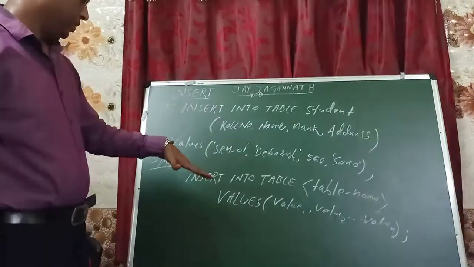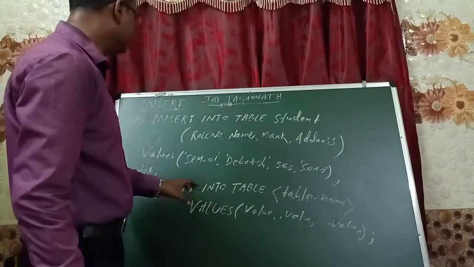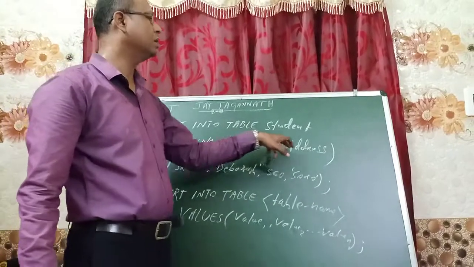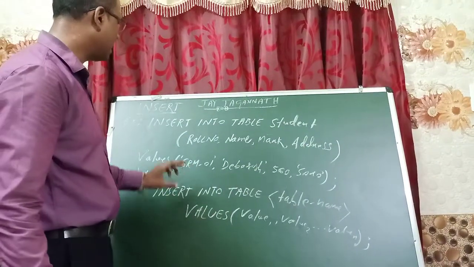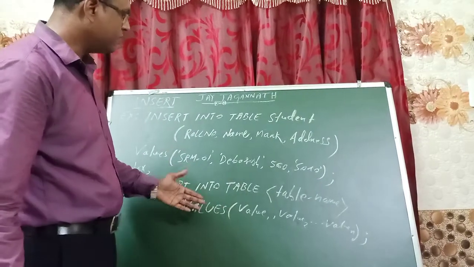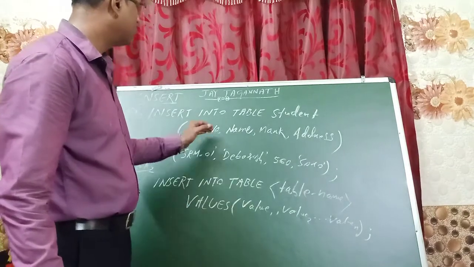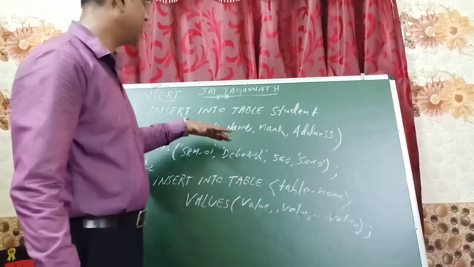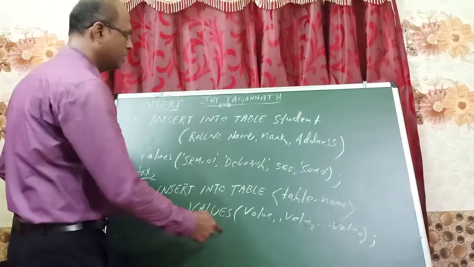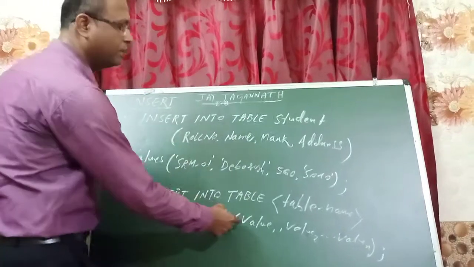Here you can notice that we didn't use column 1, column 2, column 3, column n. That is, column names I do not mention. Directly we insert the values for different columns. And one thing you have to remember that you maintain the order at the time entering the value.